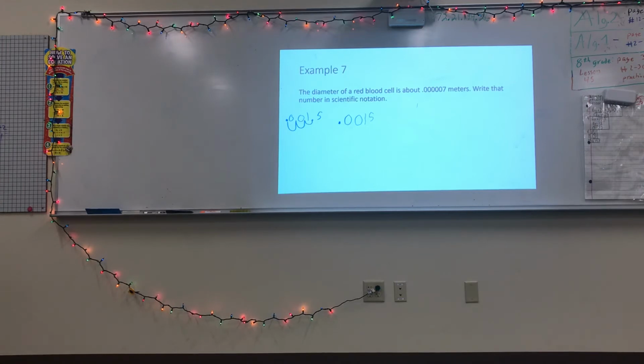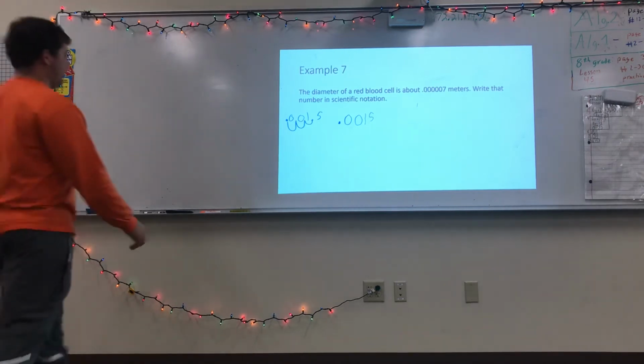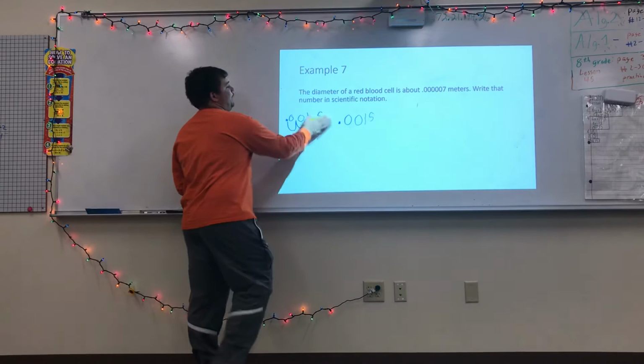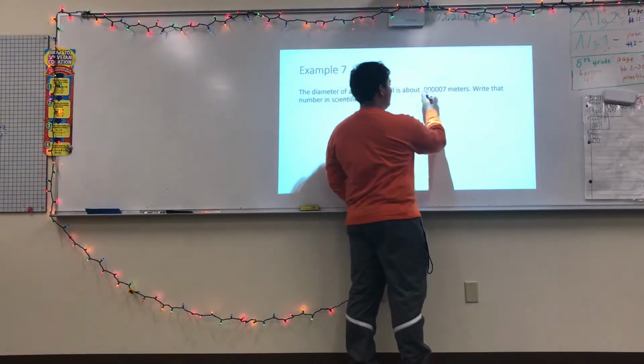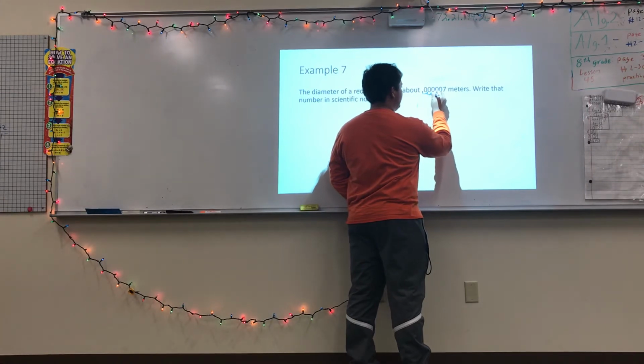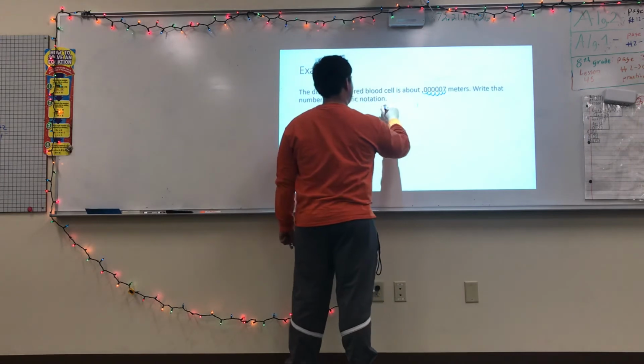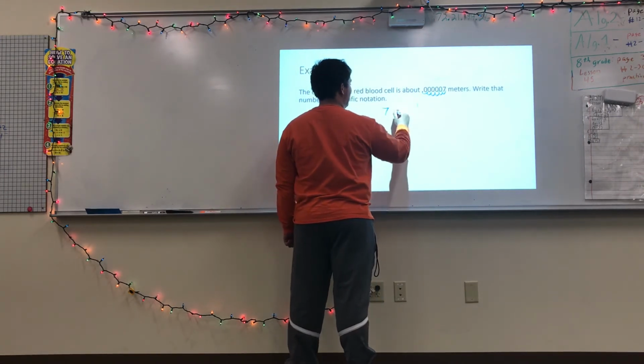Alright, now we're going to go back the opposite way. Now it's written as a decimal, and we're going to write it in scientific notation. We had to move it to the right. 1, 2, 3, 4, 5, 6. So we get 7 times 10 to the -6.